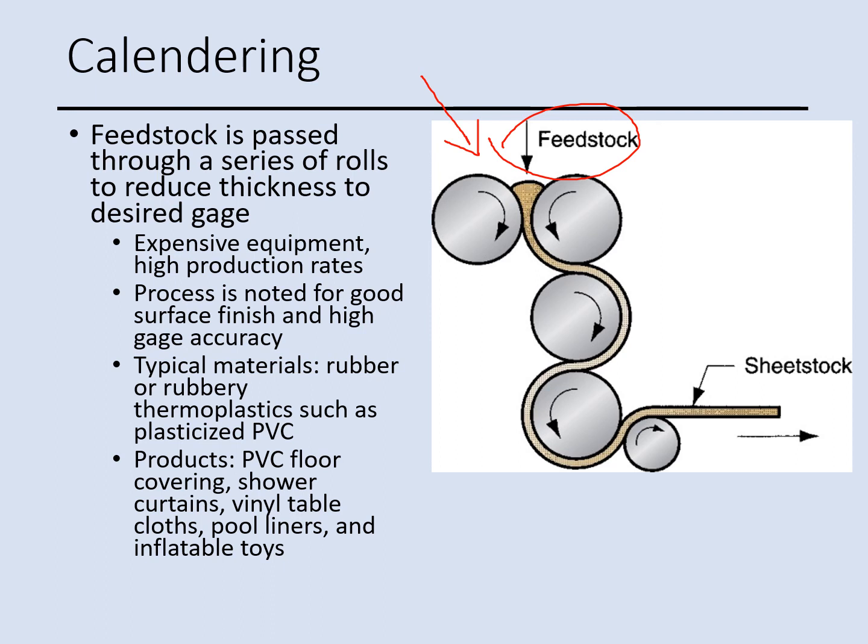This system is expensive, but it has a high production rate, and the process has a good surface finish. Typical materials are rubber or rubbery thermoplastic, and some of the products are PVC floor covering, vinyl tablecloth, pool liner, and so on.